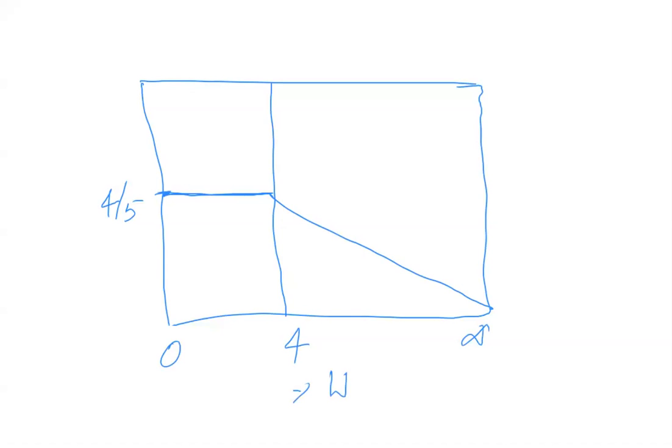This is omega. This is amplitude ratio. Okay. So this is 5 by 4. So here the GATE question is like this. 0 less than omega less than 4, slope is 0. 4 less than omega less than infinity, slope is minus 1.